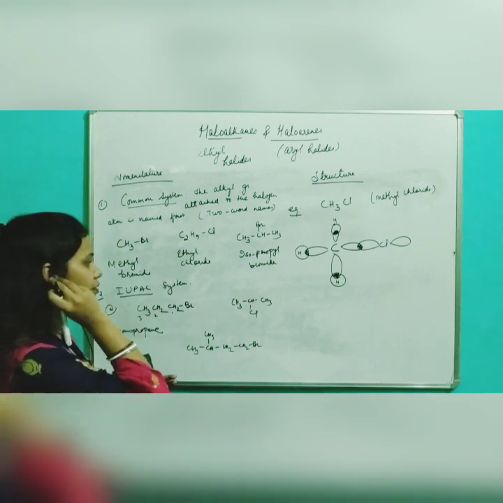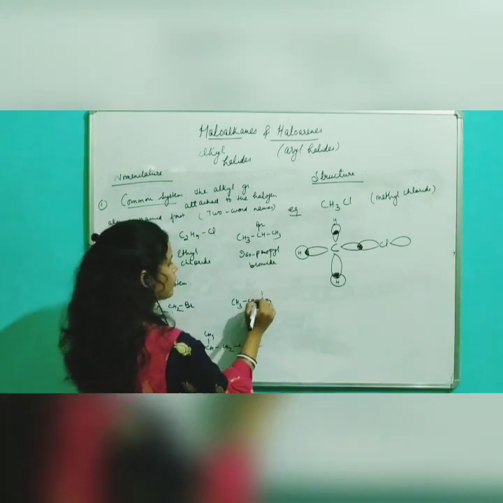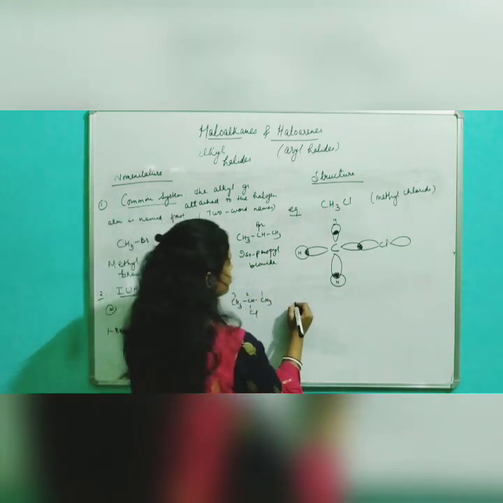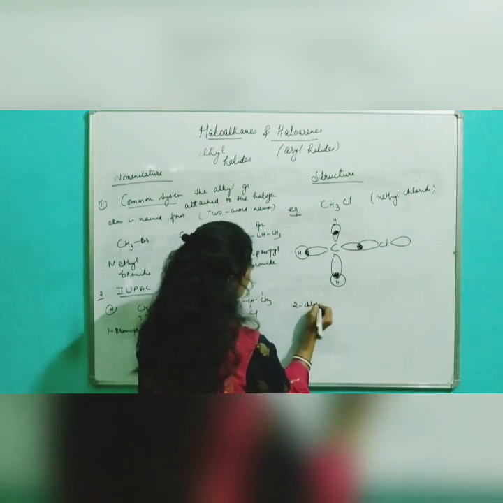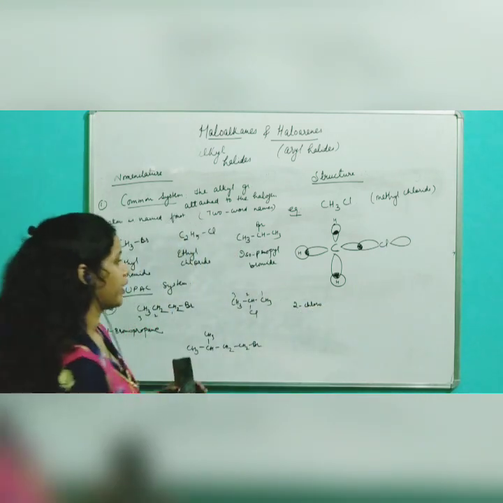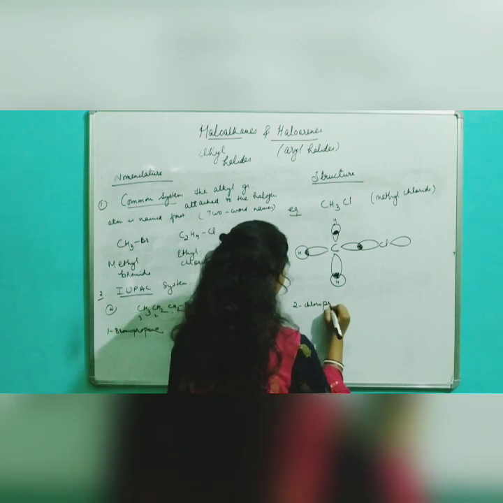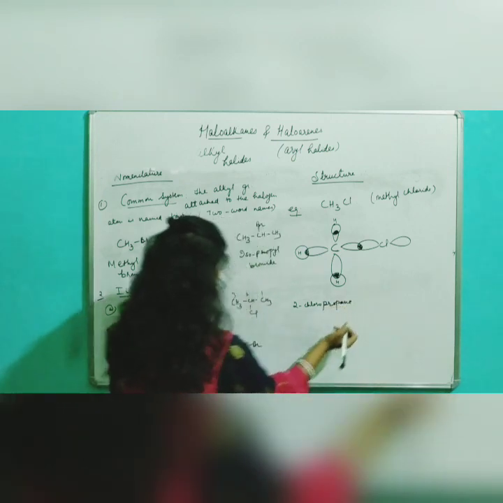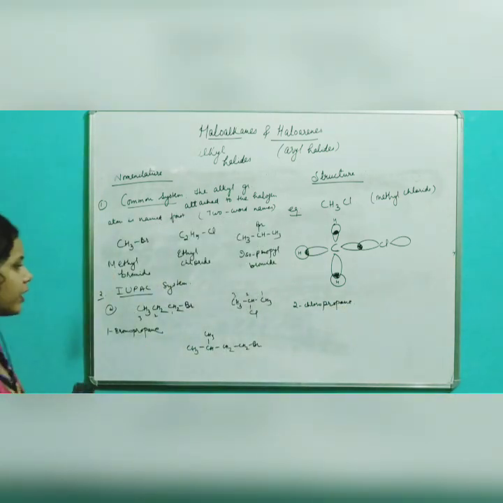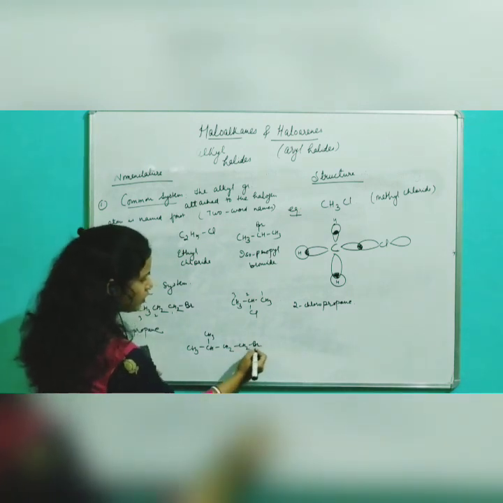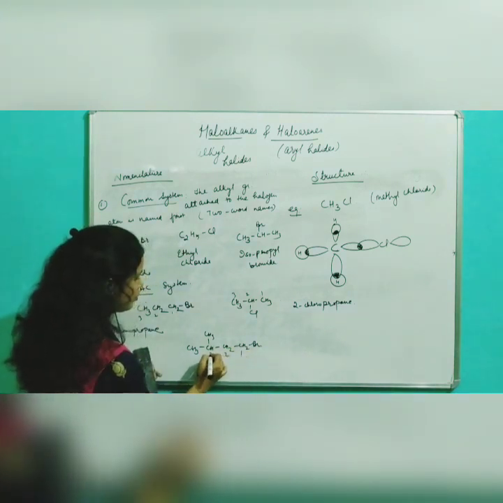The next one has the halogen on the second position from both sides. So it is 2-chloropropane. And the third one, again starting from the halogen side, 1, 2, 3, 4.